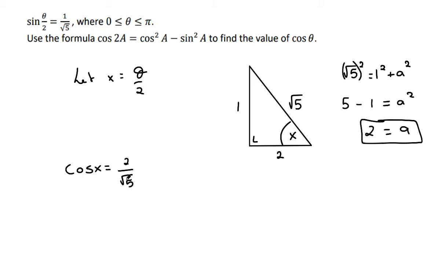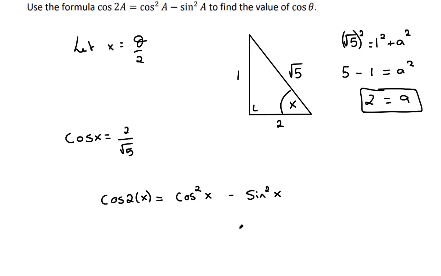The next thing I can do is take that formula. They're telling me to take that formula, so I'm going to take cos 2x. I'm going to write cos 2x is equal to cos squared of x minus sine squared of x.